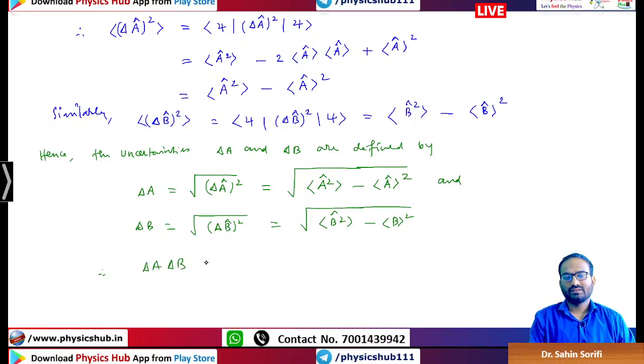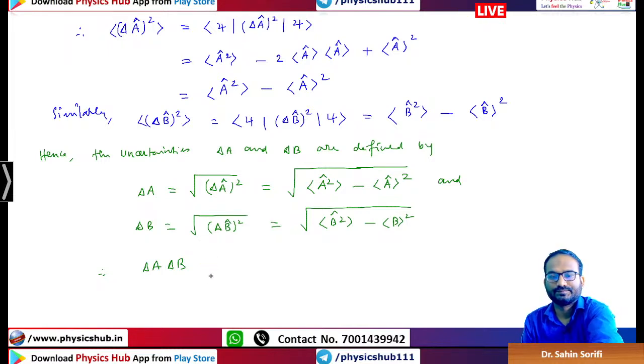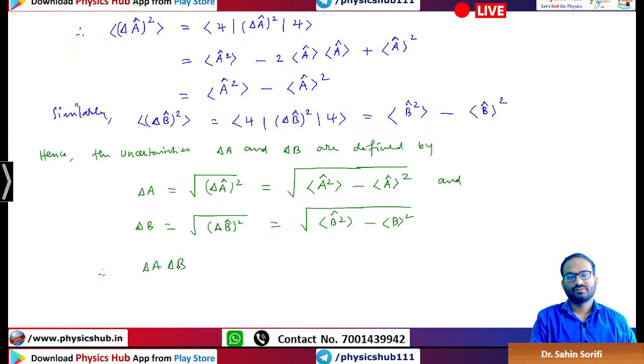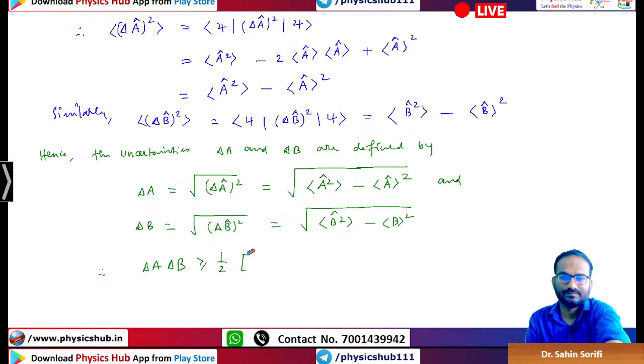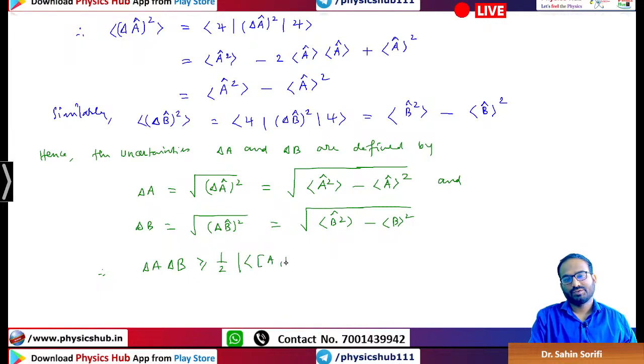You will get the product delta A delta B greater than or equal to half times the expectation value of the commutator of A and B, and this directly corresponds to the general uncertainty relation.